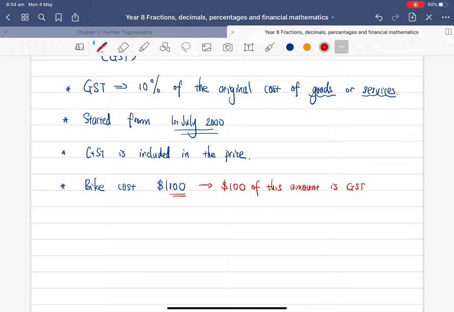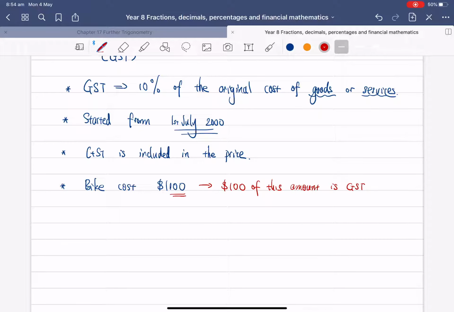It actually goes to the government. So basically, when the retailers charge you $1,100, that additional $100, they are going to pay to the Australian government and forward it to the tax office, which is called the ATO.